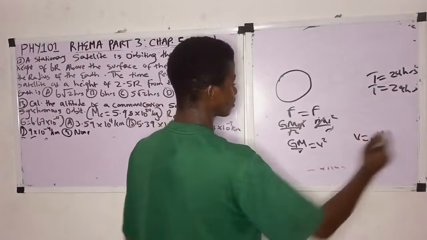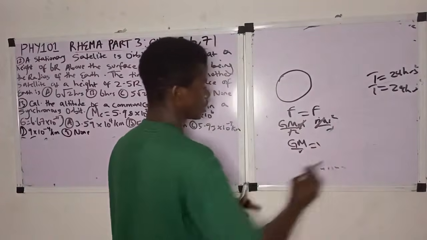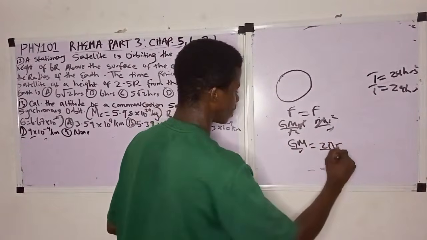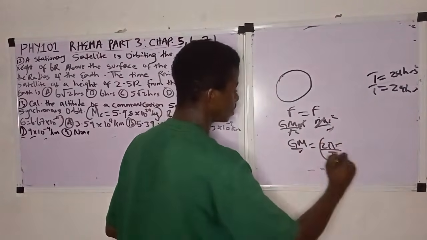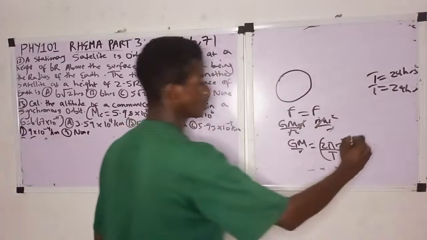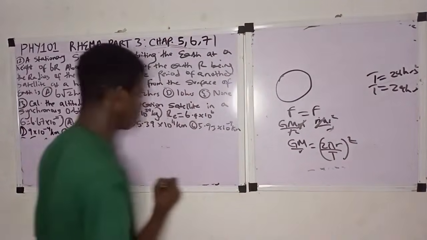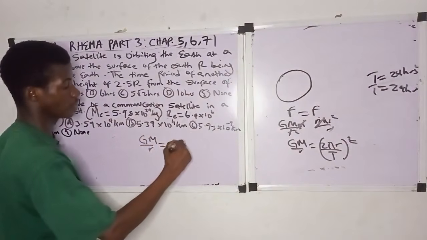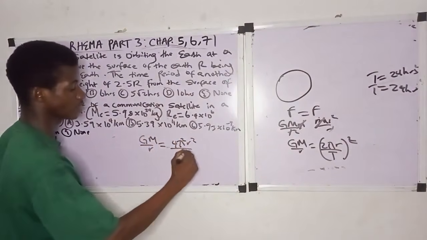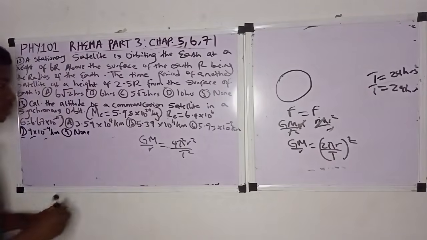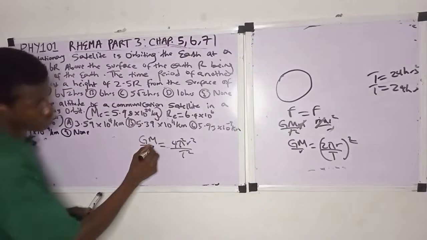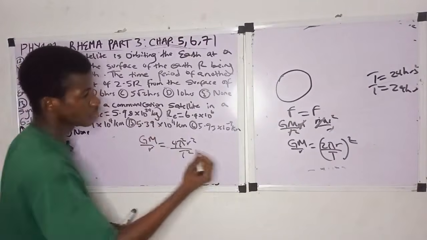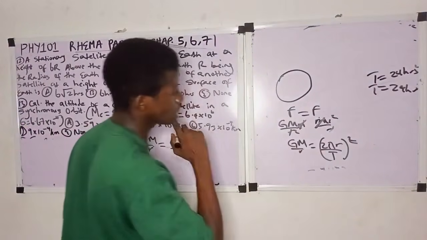Velocity itself is 2 pi r over T. Since it's all squared, we now have GM over r equals 4 pi squared r squared divided by T squared.